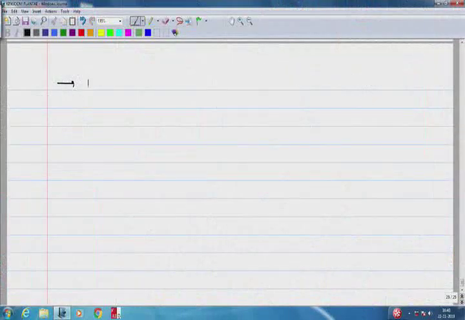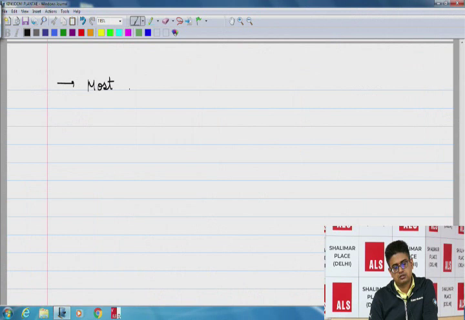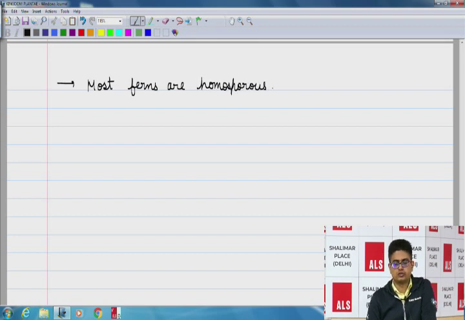So let me write this down for you. Most ferns are homosporous. However, few ferns are heterosporous.